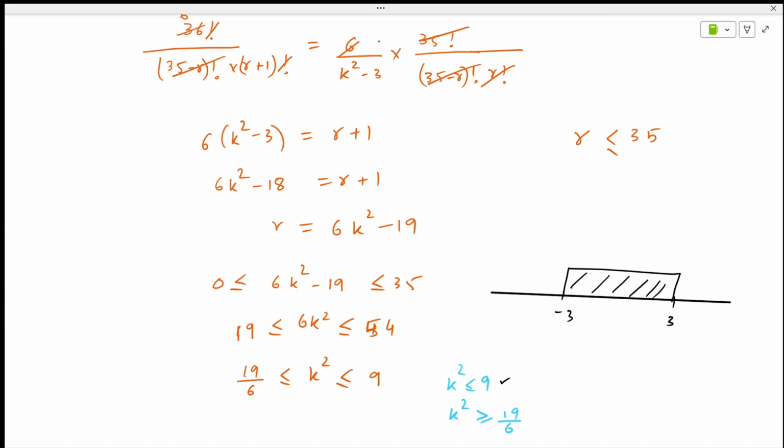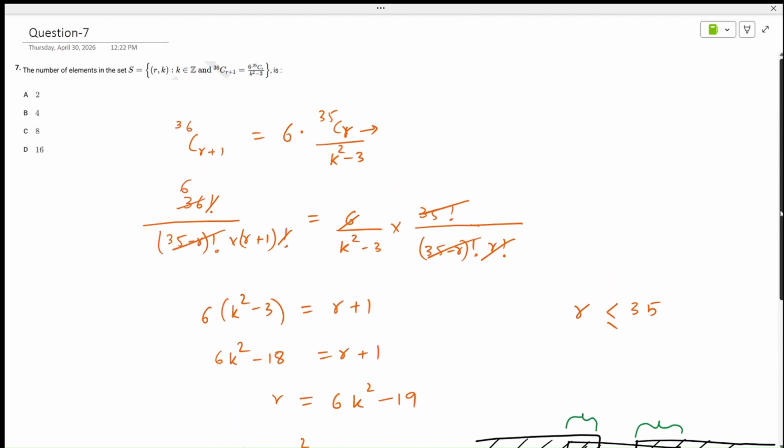And coming to k, you will get two values here, which are root 19 by 6 and minus root 19 by 6. Since k square should be greater than this, we'll take all the values right side of root 19 by 6 and all the values which are left side of minus root 19 by 6. So a common region is minus 3 to minus root 19 by 6 and root 19 by 6 to 3.